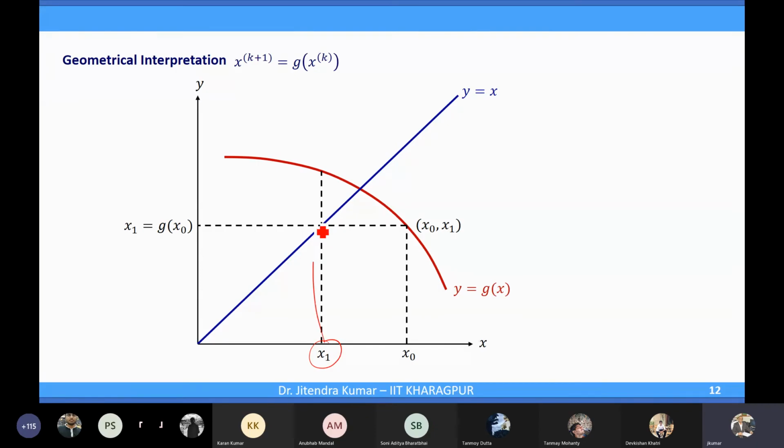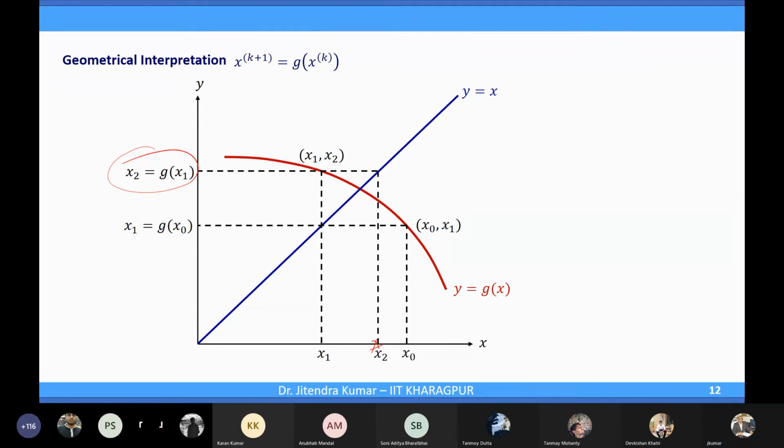Now on this x1, your g(x1) is your x2, and x2 is here. Now you move further and further, x3. So x3 is getting closer to the actual root, or x4 or whatever. So x0 was far from here, then it goes to x1, then x2, then x3 and so on. After some time you will see it approaches this root.